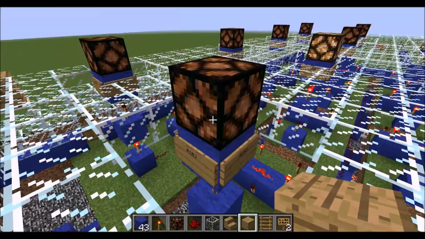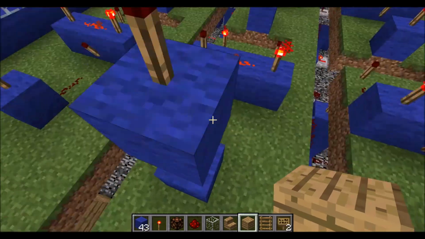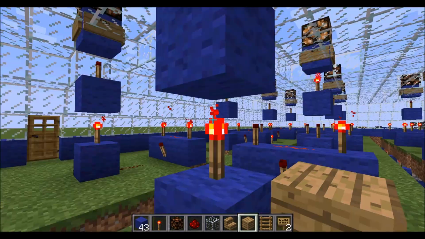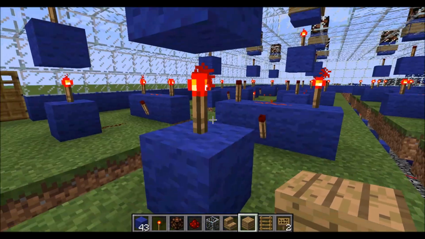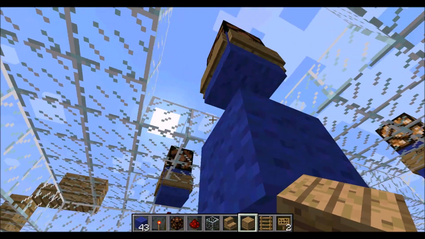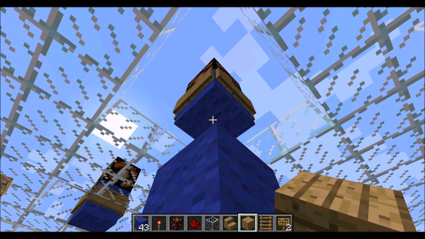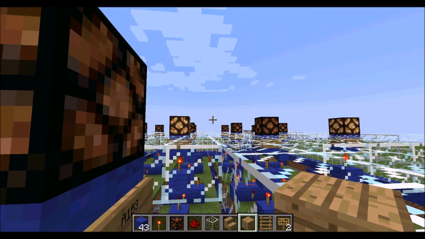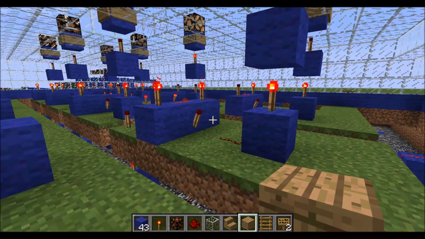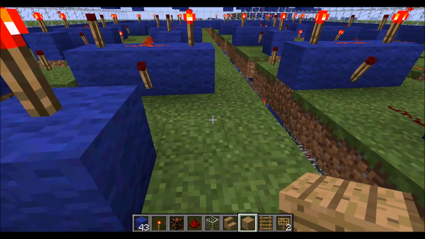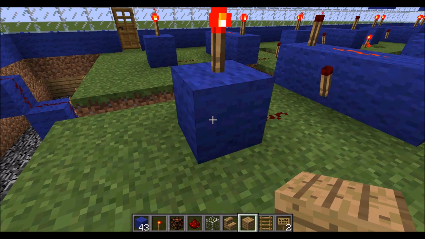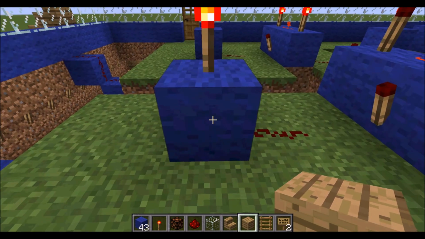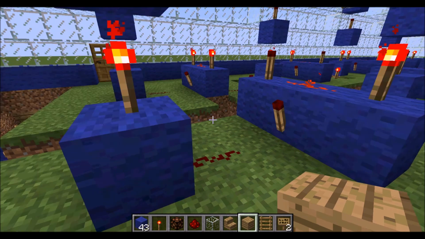Now I have a little chain of torches going up this way. It's a kind of dumb way to make it so that what gets activated is elevated higher. That way it's easy to see the lights, they're higher than the switches. I like it that way. I don't need to do it this way. There's no reason why the light couldn't just be right here at this block. I'm just being vain.